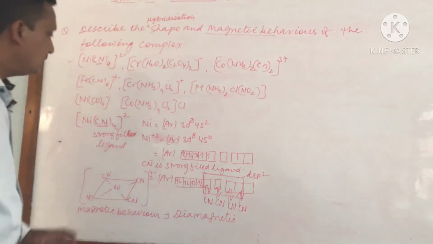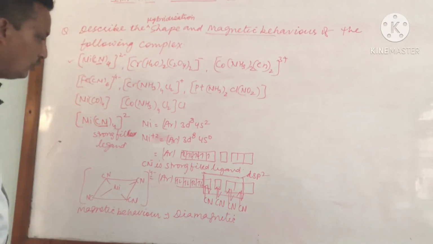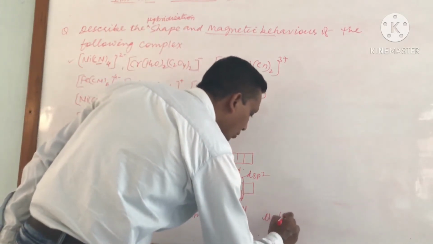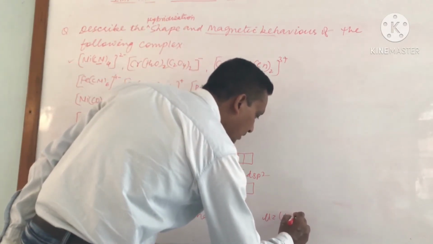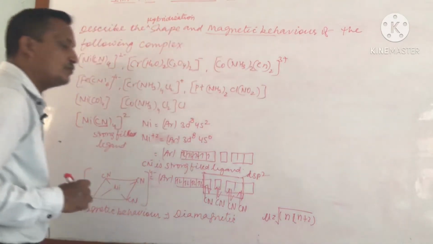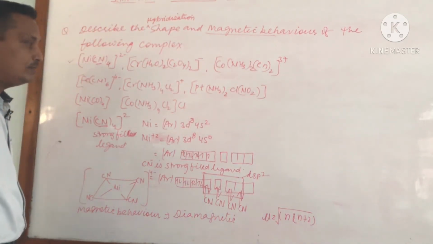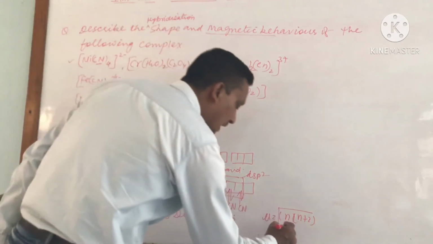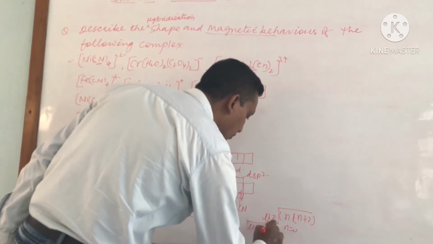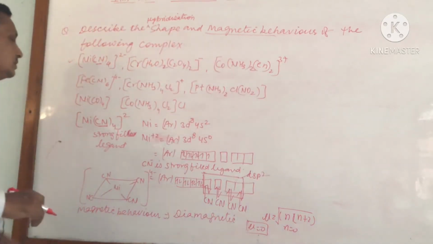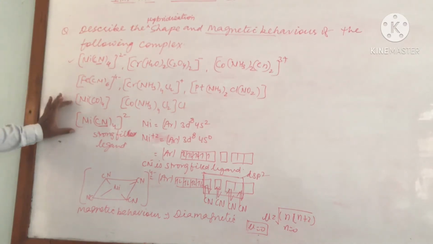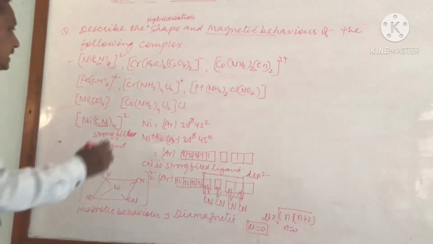And the formula for calculating the magnetic moment is mu equal to the square root of n(n+2). In this case n would be 0, so mu would be 0. So this is the hybridization state, magnetic behavior and shape of the [Ni(CN)4]2- molecule.